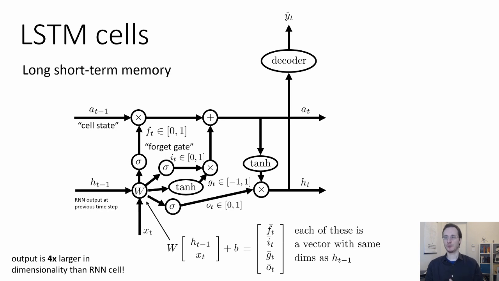So this might seem like a somewhat complex design, but one way you can get some intuition for what's going on here is we're trying to preserve the role of a_t as a mostly linear signal. So we actually don't apply any nonlinearities to a_t. All of the operations applied to a_t are linear. It's either multiplied by a number between 0 and 1, or it gets something added to it, or both. All the nonlinearities are applied to the h's. And as a result, the gradients on a_t are going to be pretty simple.